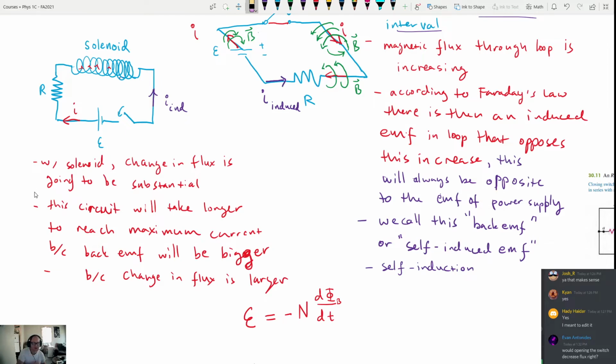There's going to be an amount of time that's going to lapse before you reach maximum current, and it's because the act of turning on the circuit leads to a flux through here, and the magnetic flux through these coils induces an EMF that's going to be opposite direction to what's going on in the circuit. Okay, does this make sense?